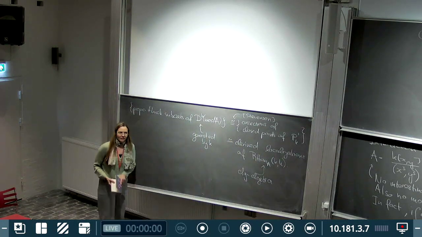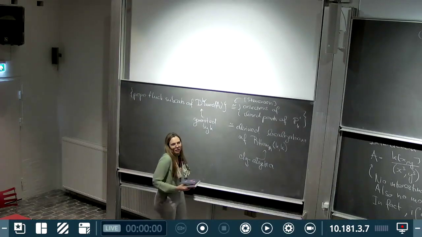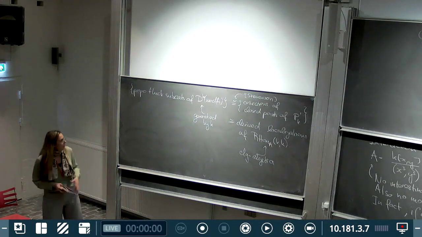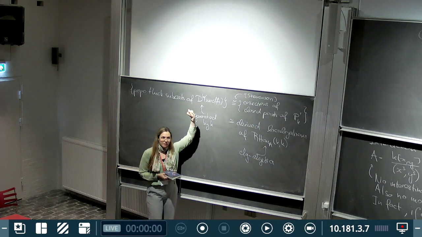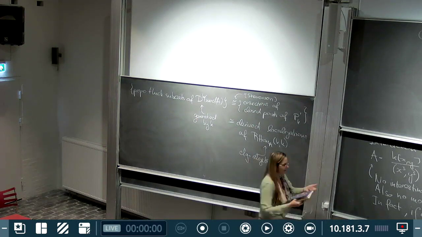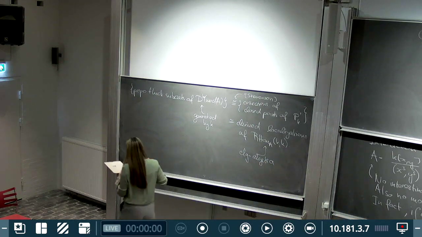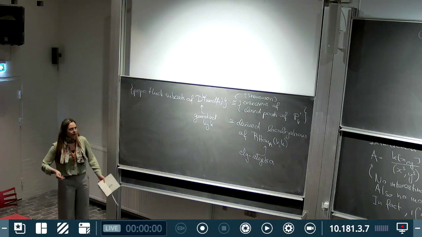If you're interested in derived localizations, which you should think of as the homotopy theoretical versions of localizations, then you are actually interested in studying thick subcategories, in certain cases, of certain triangulated categories that naturally arise in representation theory. So, there you go. That's why we do what we do.